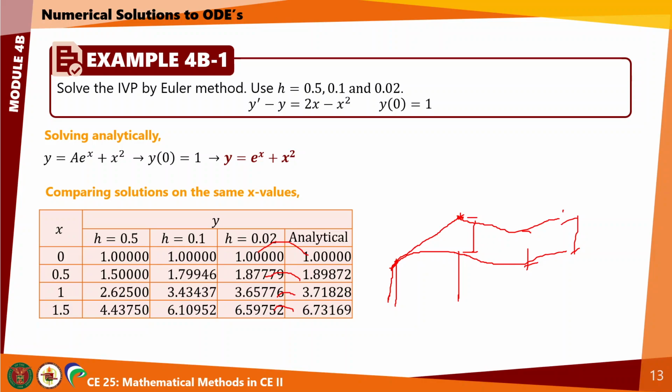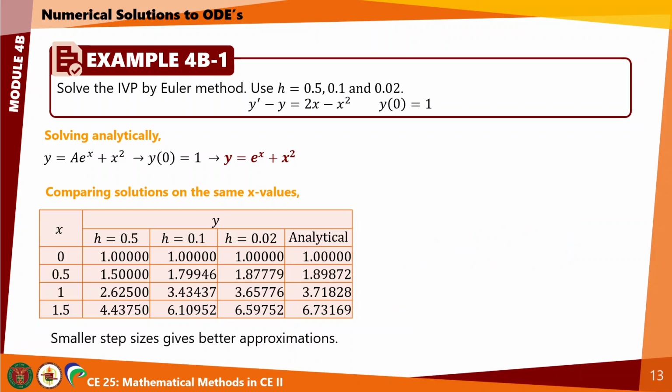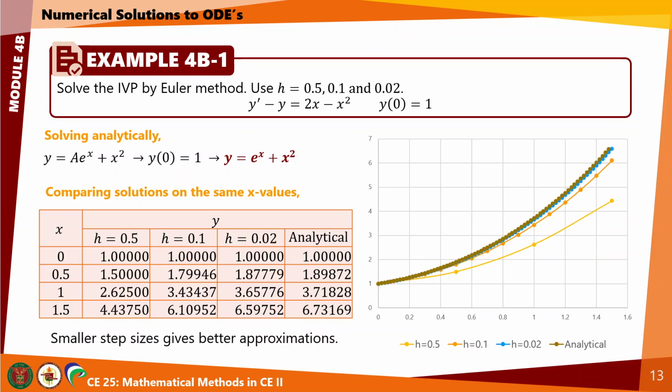Alright? And upon comparing yung graphs, ito yan. Di ba? Ito yung h equals 0.5 compared dun sa analytical. Okay? Yung blue, pinakamalapit na, di ba? Sobrang dikit niya na dun sa analytical solution natin. Okay? So that's basically your Runge-Kutta method.